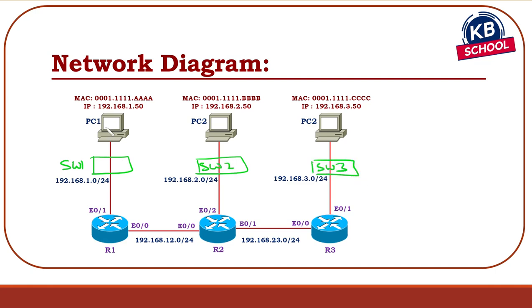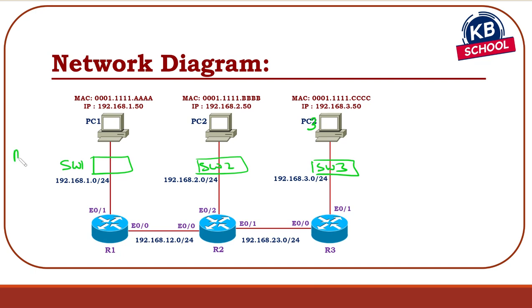So switch 1 will have PC1 connected to it and R1's E0/1 connected to it. Switch 2 has PC2 and R2 E0/2 connected to it. Switch 3 should have PC3 and R3 LAN interface connected to it.